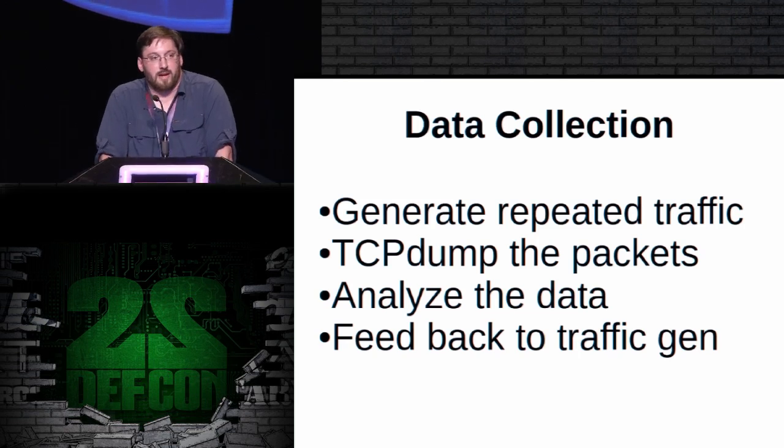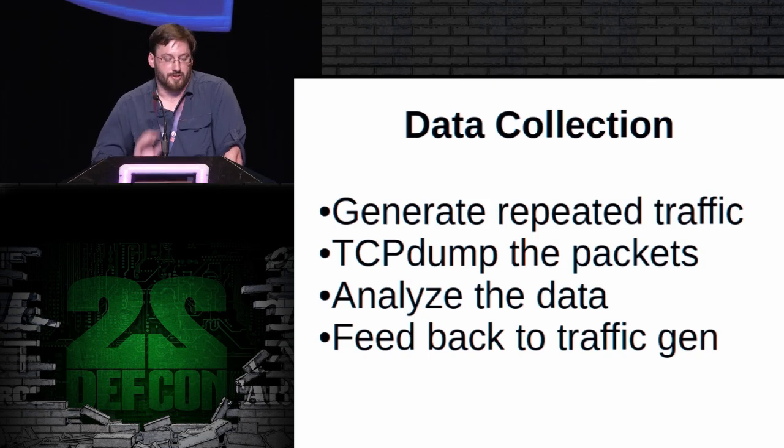So we have a traffic generator, which is just repeatedly sending different variations of the guess for the next character in the authentication token to the server. We have the data collection, which is tcpdump, and then we have a separate analysis script.